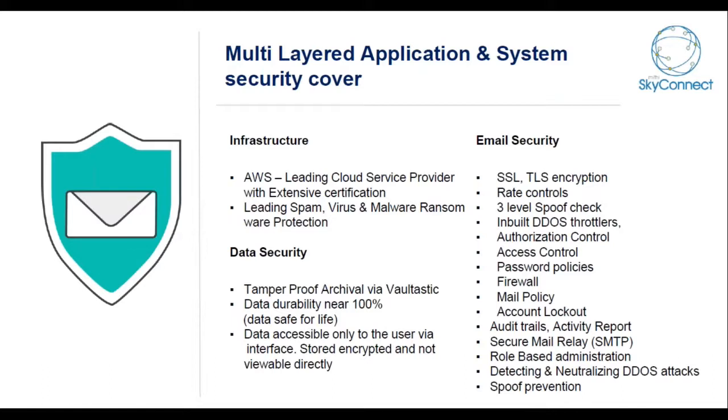For example, we have SSL and TLS encryption, spoof check, password policies, mail policies, audit trails. These are all the securities built into the system. So we have 3 levels of security: at the infrastructure level, at the data security level, and at the email security level.